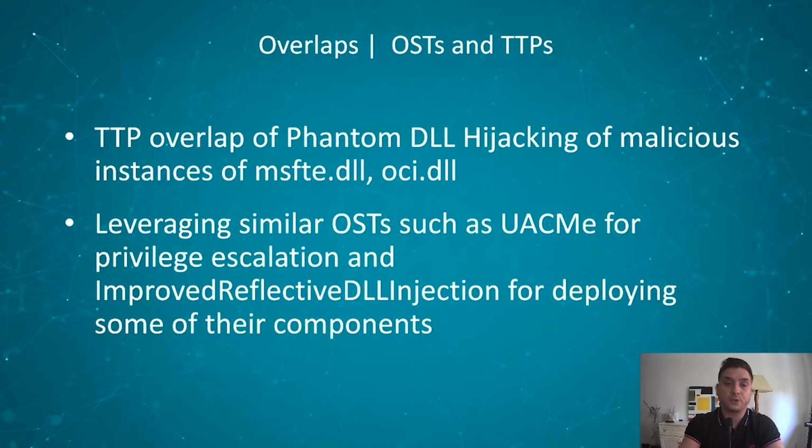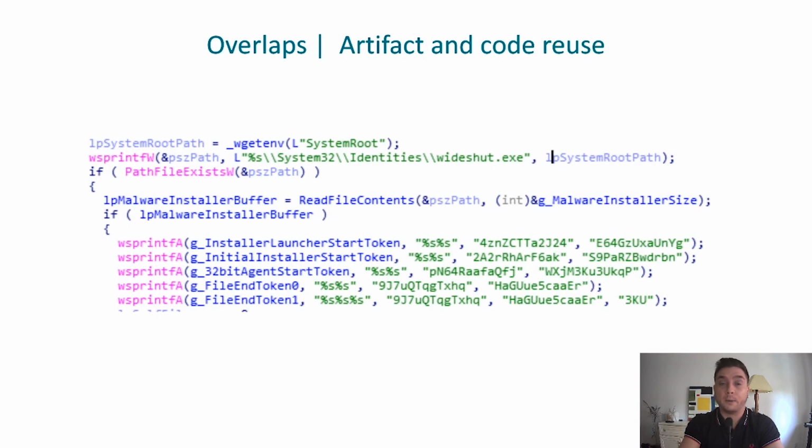In regards to open source tools, we found that Retro and Ramsay were leveraging the same open source tools in order to perform some of their capabilities, such as UACME for privilege escalation and improved reflective DLL injection for deploying some of their components. Remember the screenshot I previously mentioned of the spreader and the Ramsay installer, of the tokens they utilize to locate specific artifacts?